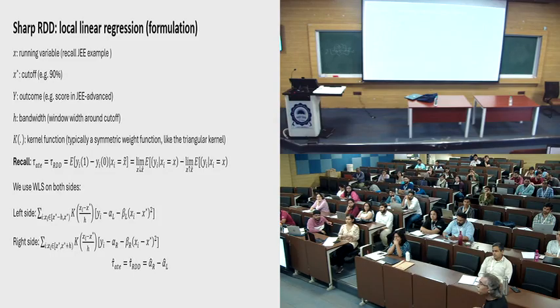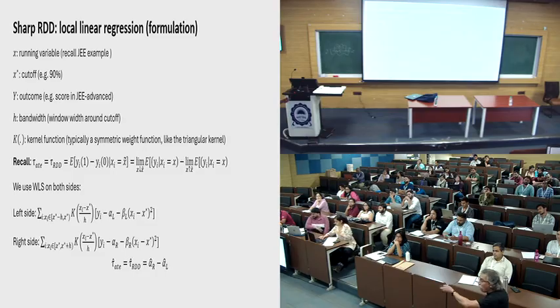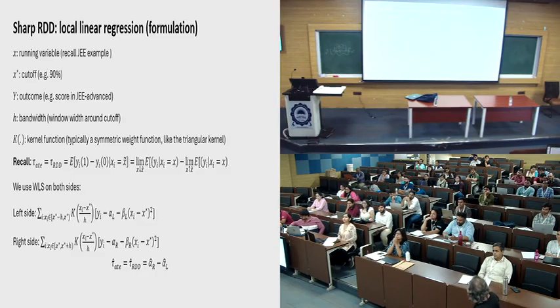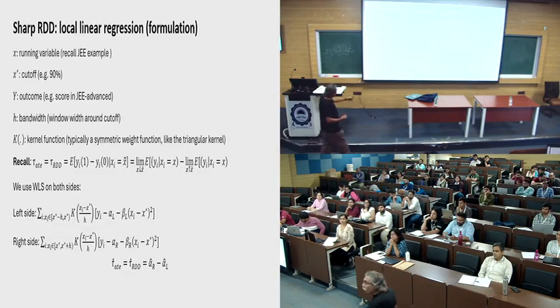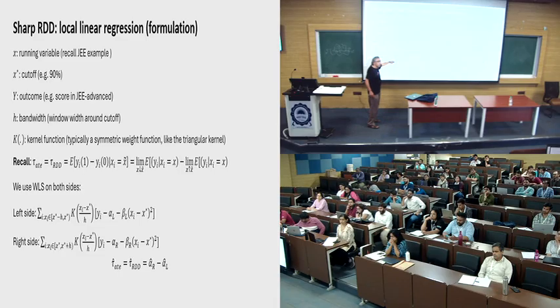Okay, so given this, I just did the formulation. Note what I do; this perhaps would make your point very clear. I have a left hand side, X star minus H, where Xi, the observation, belongs to X star minus H up to X star.